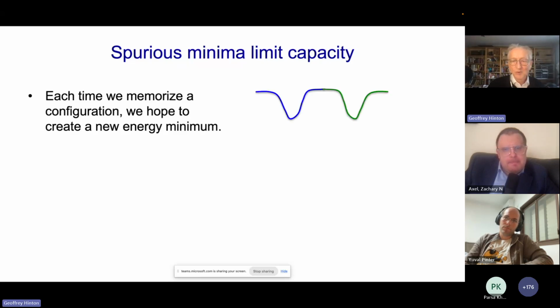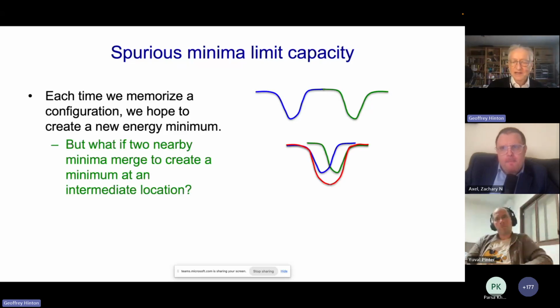So, for example, we might create 2 different energy minima like this by storing 2 different memories. But if the memories are close together, you might create a spurious minimum that's the sort of average of the 2 memories. And that's a problem. We've got now a false memory that's the average of these 2 memories.